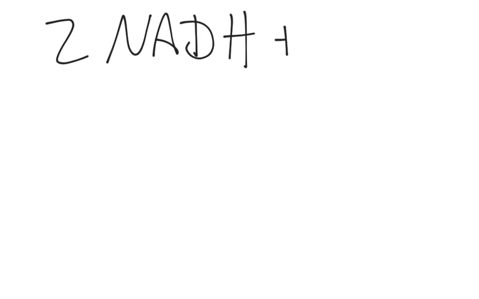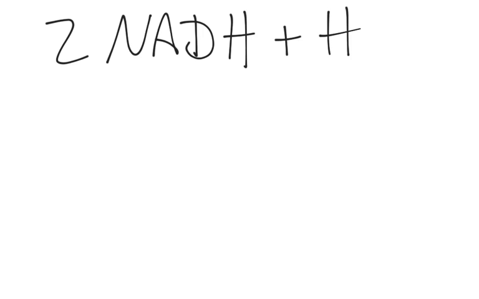So at the end of glycolysis, at the end of breaking down glucose, all you need to know is glycolysis, we break down glucose. Through that process, we get 2 NADH plus H. We do that by taking off electrons, taking off hydrogens. That's a redox reaction, right? Oxidation and reduction.